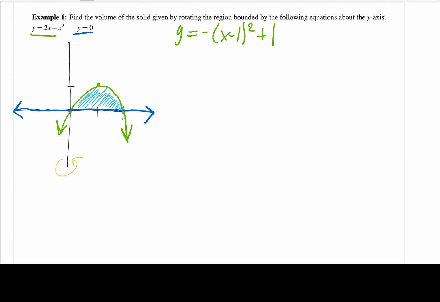So similarly, we're not going to do a washer method, because if we do washer method, we're taking a slice like this. So not only do I have a dy integral, which means that I need to turn our green function to where it's in terms of x equals something with y's in it.